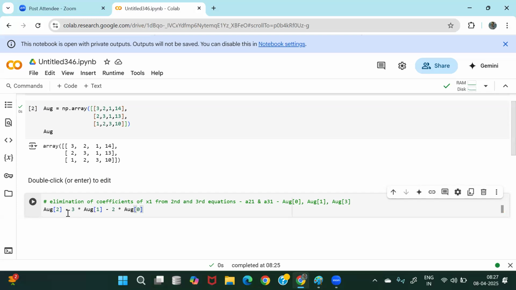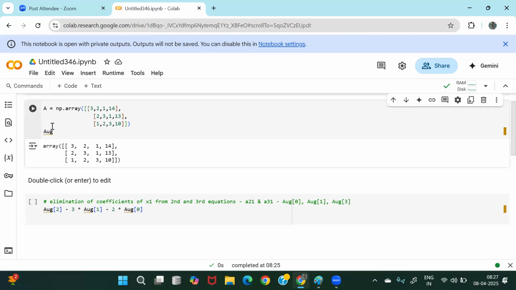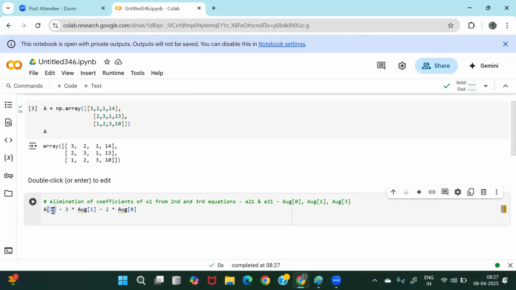So you replay this video a few times to understand what I'm doing. Or I just make it capital A to simplify things. So row 1 is replaced by A00 into row 1 minus A10 into row 0.